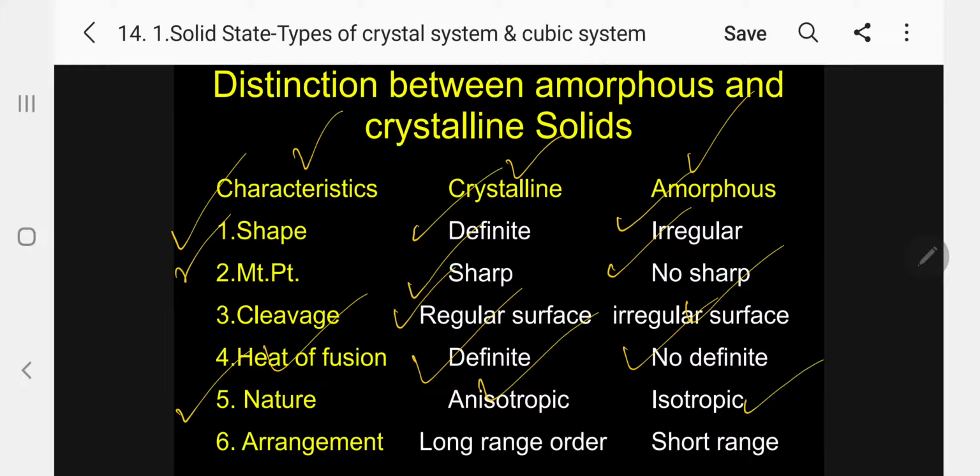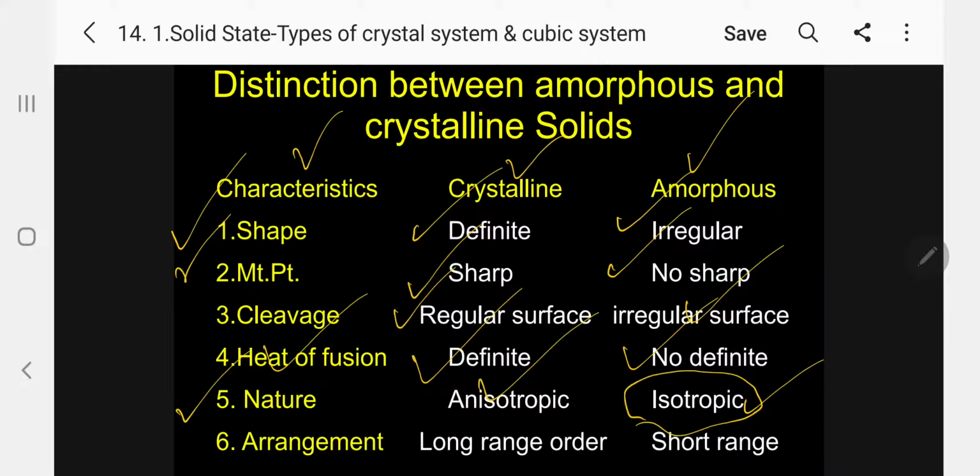What is anisotropic? What is isotropic? If you take any crystalline solid and measure physical properties like refractive index, etc., in all directions, they will be different. The property will be different. Then we call it anisotropic. Suppose you measure in an amorphous solid and in all directions they are the same, it is called isotropic.